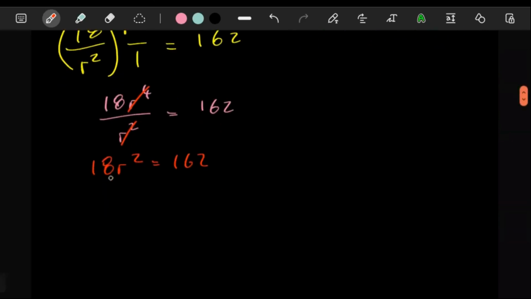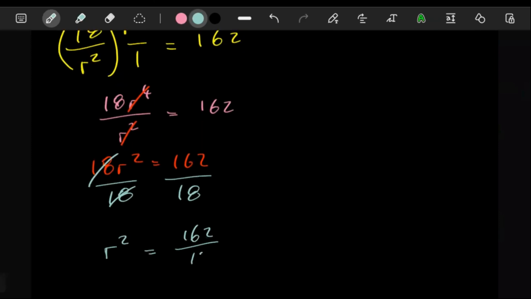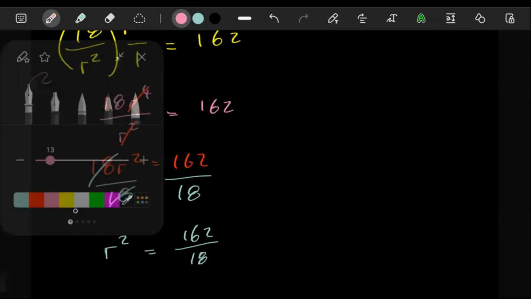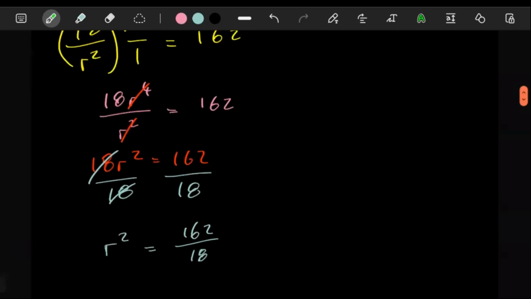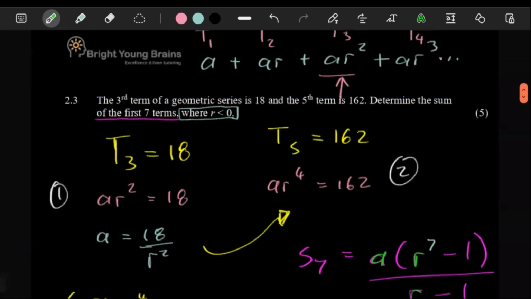And then here we're clearly about to get a value of R. We can just divide both sides by 18, and then eventually square root both sides. Here, I don't have to put this in the calculator yet. We can just put everything all at once. Remember, they told us R has to be smaller than 0.